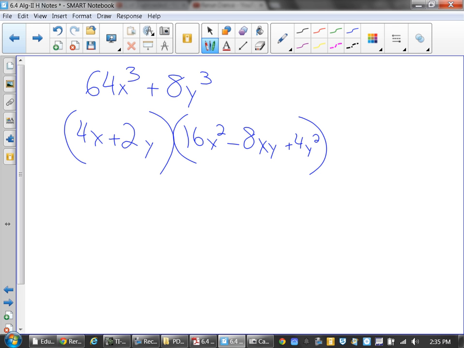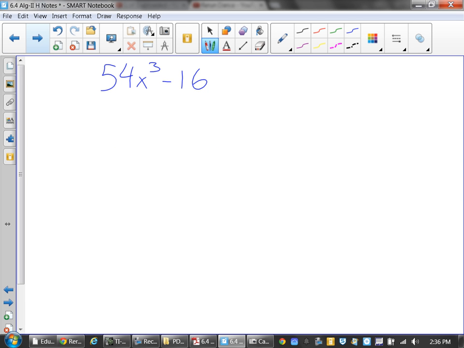Now, going back to what I just had up there, neither one of those is a perfect cube, is it? No. How can I turn them into one? Clay knows. What do we have to do, Clay?